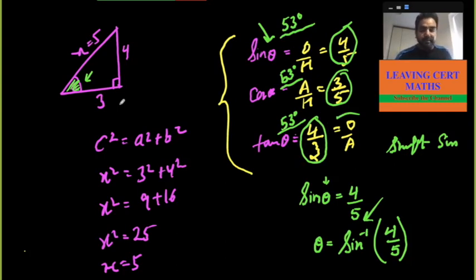Now there is one question. Can you prove that? I'm not saying this is a right angle triangle, okay? But if I gave you a triangle like this and asked you to prove that this triangle is a right angle triangle, what would you do?